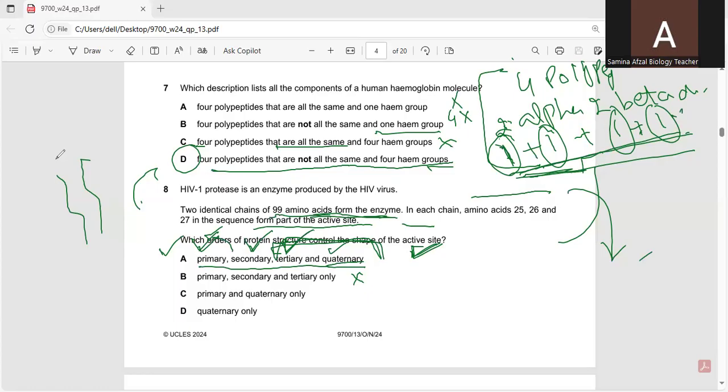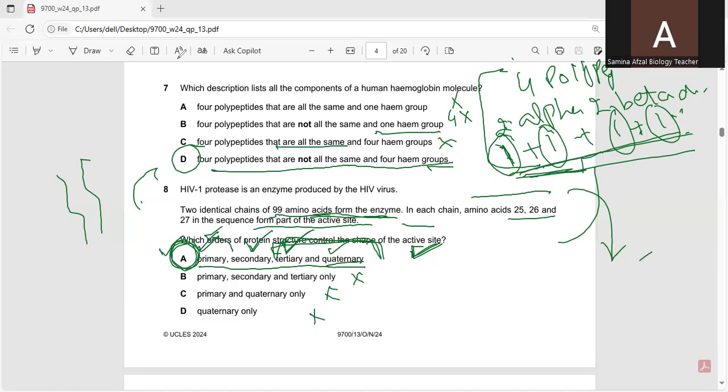It will give the structure to an enzyme, which is HIV-1 protease. So according to this, four types are involved: primary, secondary, tertiary, and quaternary. This is the order of protein structure which will control the shape of the active site.